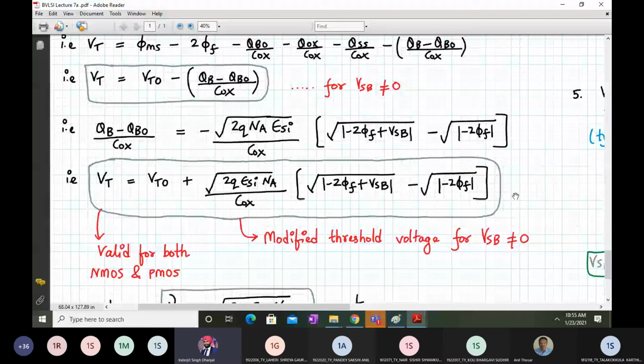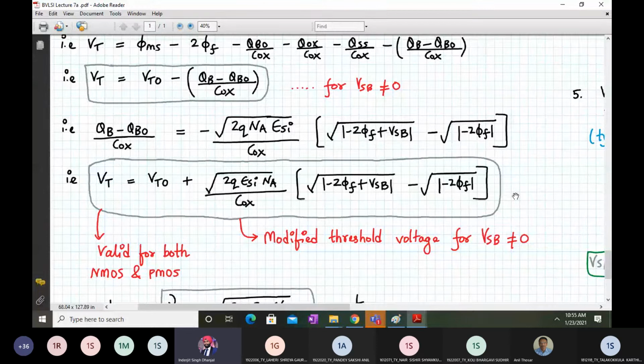So please note down this formula. This is the modified threshold voltage for non-zero substrate bias. This is valid for both NMOS transistor as well as PMOS transistor. Kindly note this formula down.